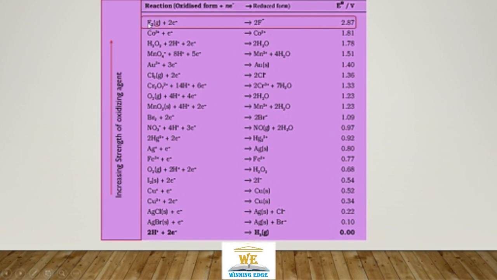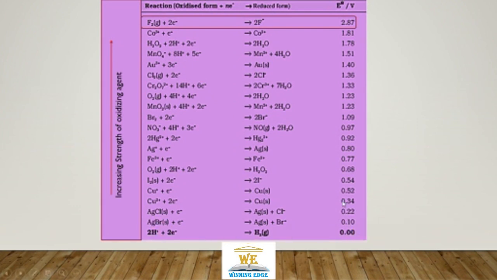The topmost reduction is of fluorine, 2.87, because of its high electronegativity. Standard reduction potential is very high. Going from fluorine to hydrogen, whose standard electrode potential is fixed at 0, all other elements in this electrochemical series are placed with respect to hydrogen.